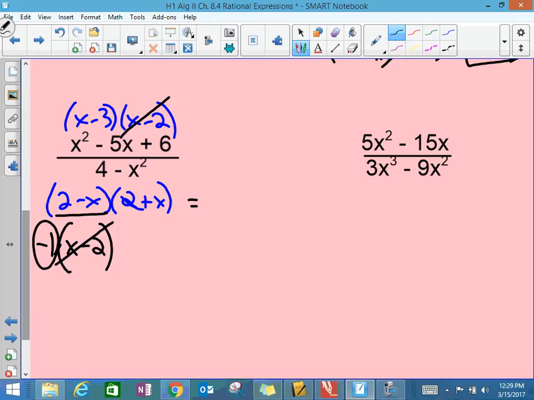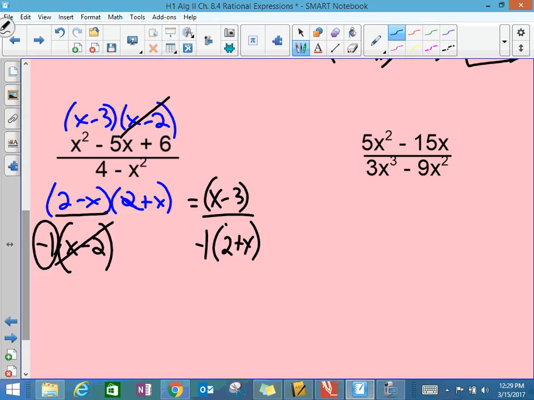So we gather what we have left. We have x minus 3 left up top. On the bottom, we have a -1 and a 2 plus x. Okay? So that's one way to write the final answer.